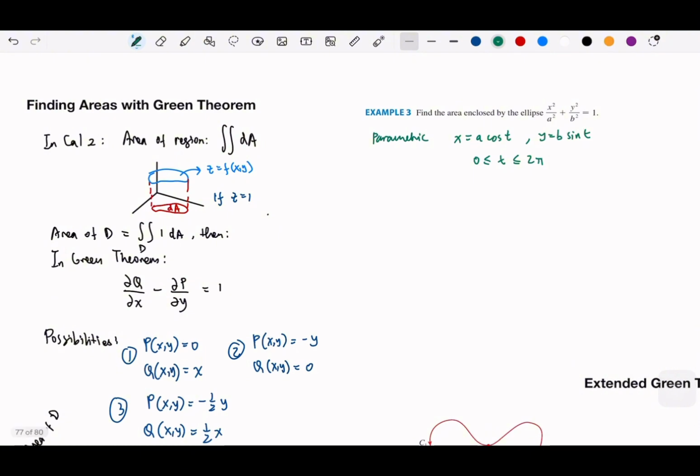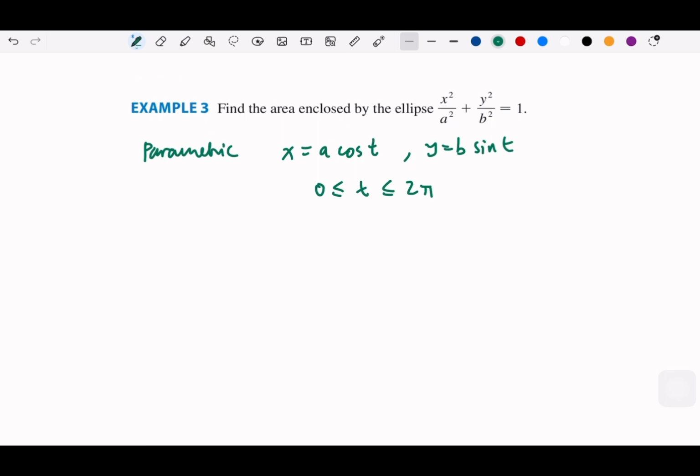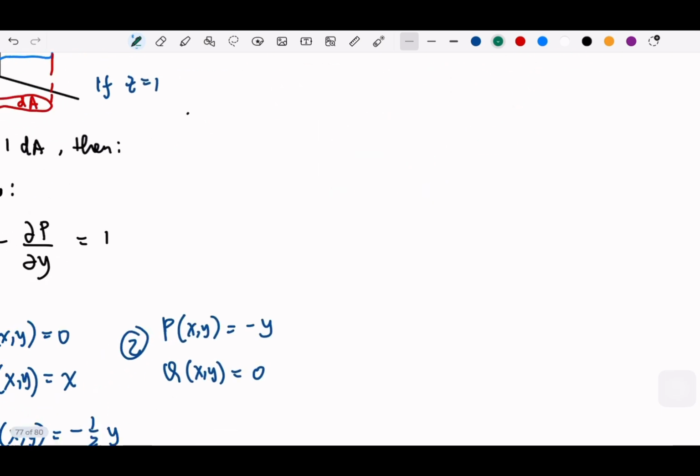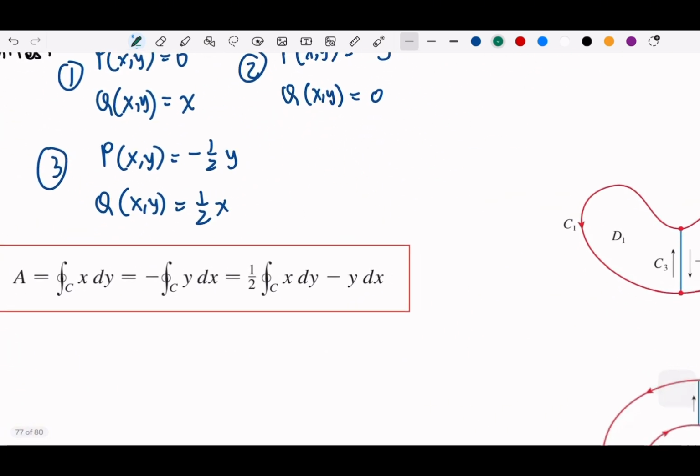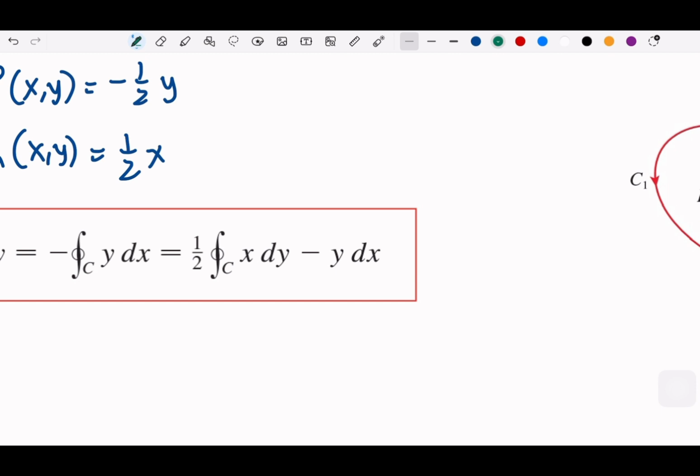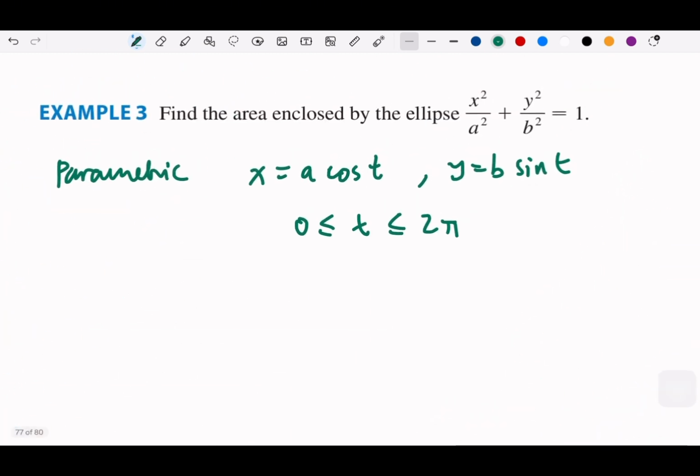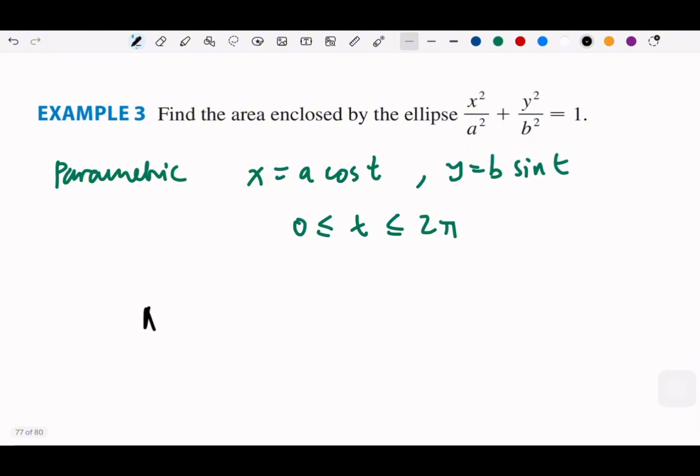Okay, let me continue this part. So if we choose the third equation, half of x dy minus y dx, we can write here the area of the ellipse is half of the integral.